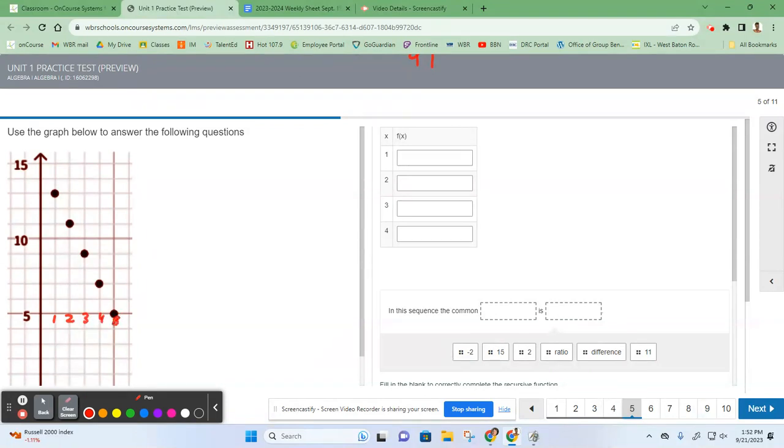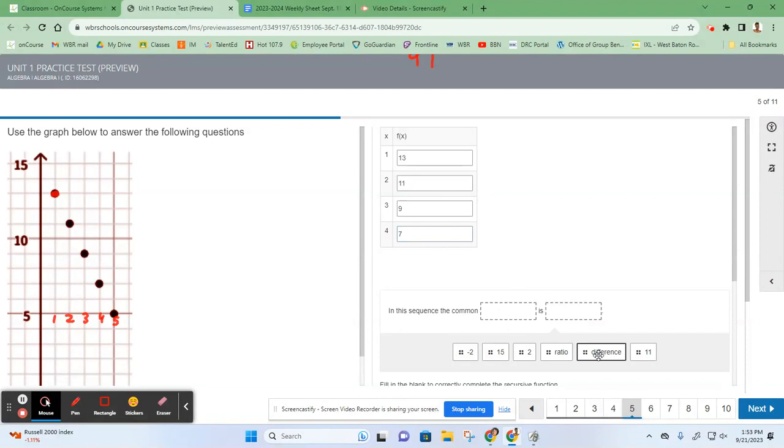So f of 1, when my x is 1, my y value up here is 13. And then the next one, when x is 2 right here, the y value is 11. When x is 3, my y value is 9. And when it's 4, my y value is 7.